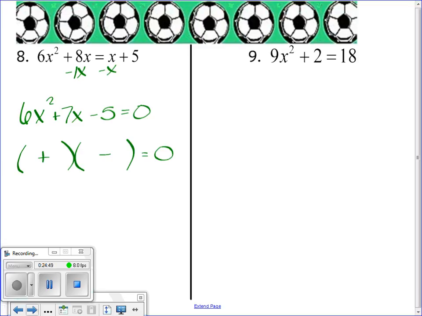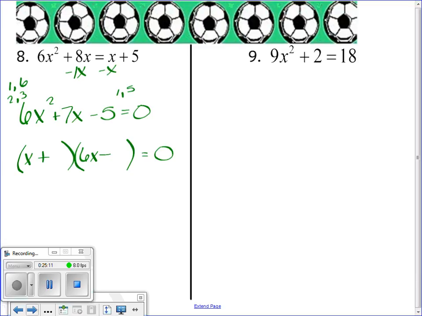All right. Mariah, what are my options for A? And my options for C? Okay. Marcus, you want to go 1 and 6 or 2 and 3? 1 and 6. So 1x and 6x.